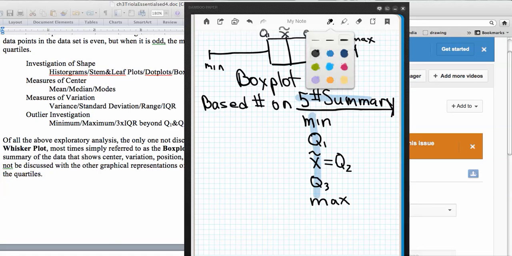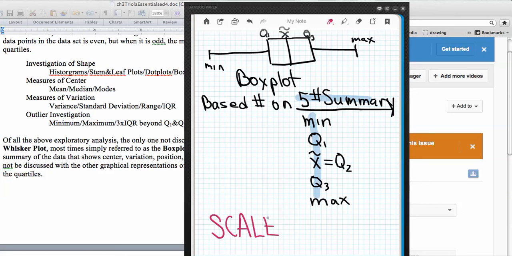Now, one of the things that's really super important to me is that this is a scaled drawing. It does not mean anything unless it is scaled, because the relationship of all of these points helps us to see the shape of the data. So the one that I've drawn here is a pretty symmetric shape.